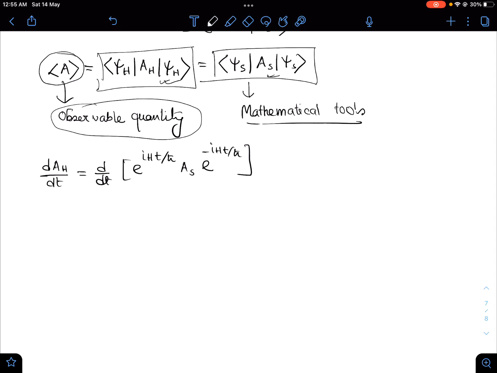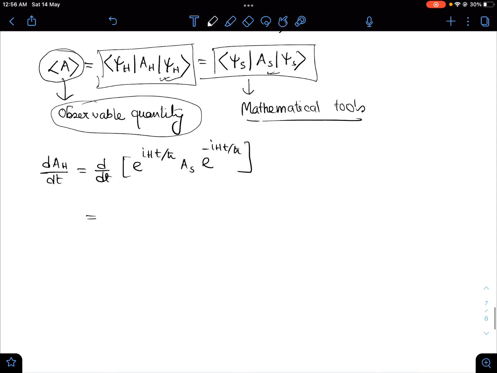We have to find this derivative. First we will have i H by h cut, e to the power i H t by h cut, A S, e to the power minus i H t by h cut.